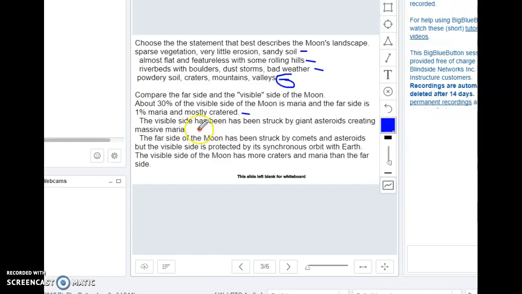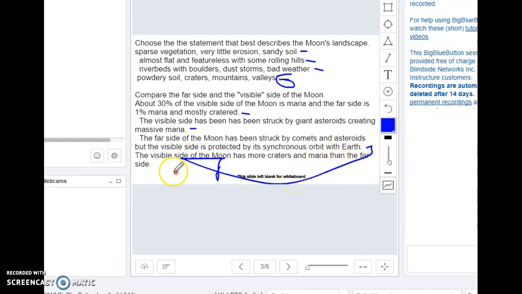The visible side has been struck by giant asteroids, creating massive Maria. The far side of the moon has been struck by comets and asteroids, but the visible side is protected by its synchronous orbit with Earth. Sorry, guys.